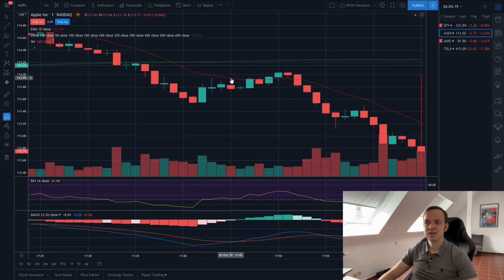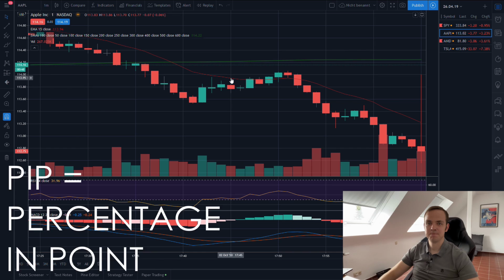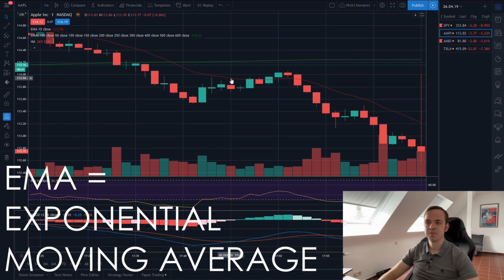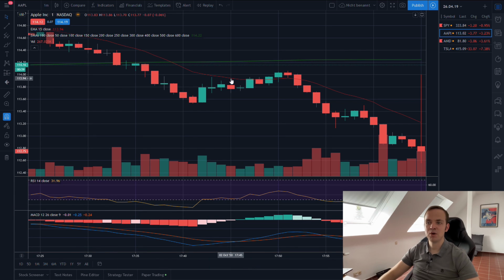This is actually the cumulated price of the last 15 periods. I'm using EMA 15, so it shows me at this point right here the last 15 periods. If I take the last 15 periods, I would get this price here, 113.95. That is what I mean by past prices and lagging indicator.